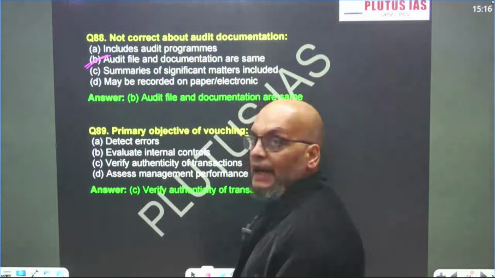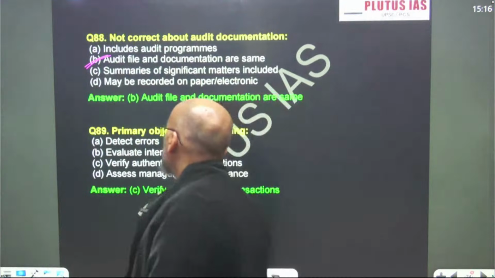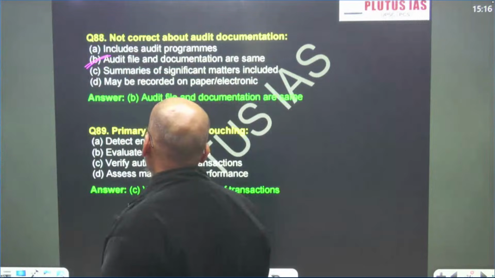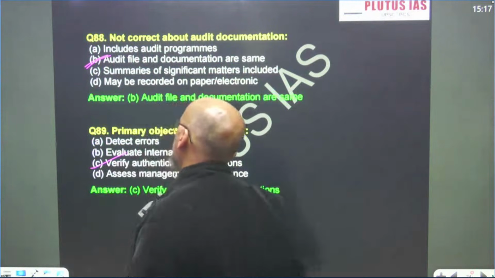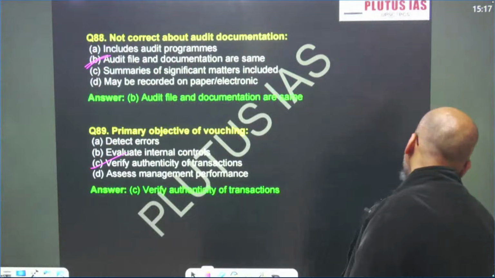Next, primary objective of vouching. A, detects errors. B, evaluates internal control. C, verifies authenticity of transaction. Yeah, it verifies authenticity of transaction. D, assesses management performances. Option C is correct.